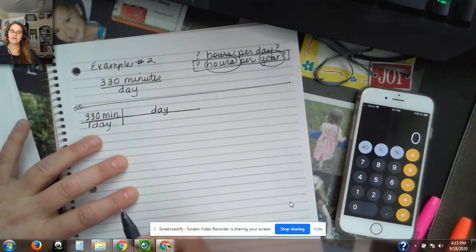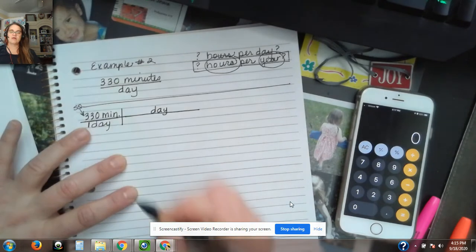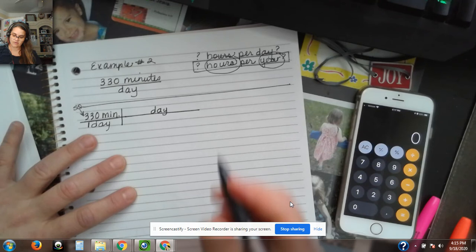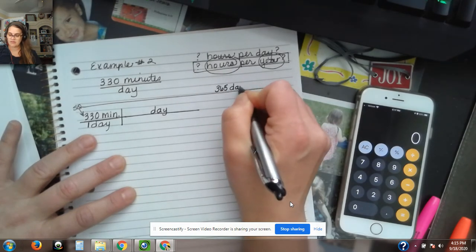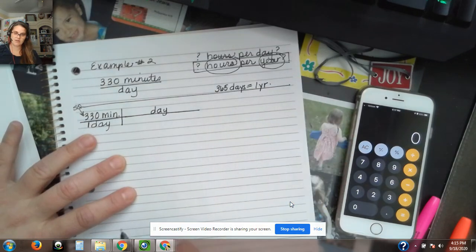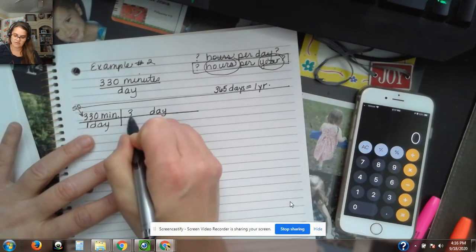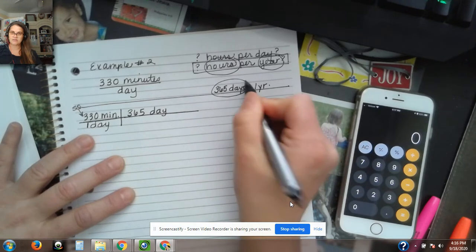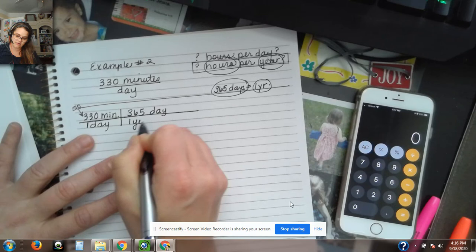Do I know a conversion factor that will get us from days to year? Well, yeah, we know that 365 days equals 1 year. So the number that appears before days is 365. And now, since I've already used this one, all I have left is 1 year, and 1 year goes underneath.